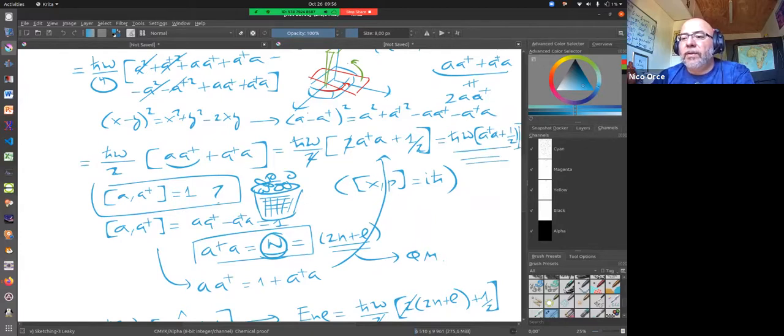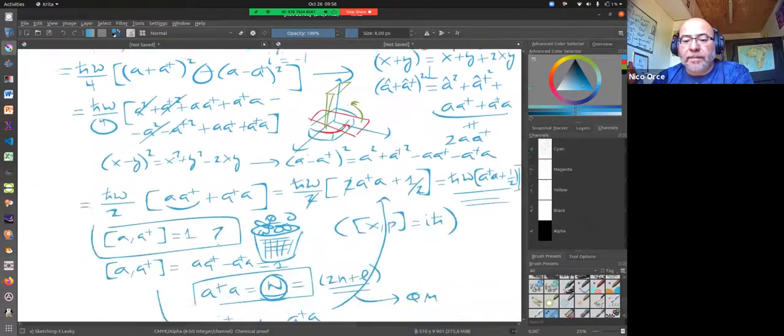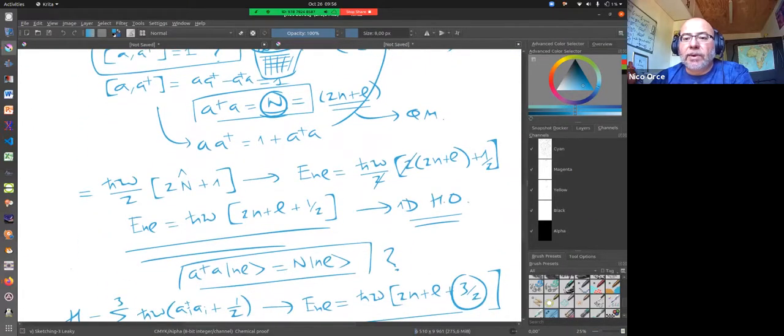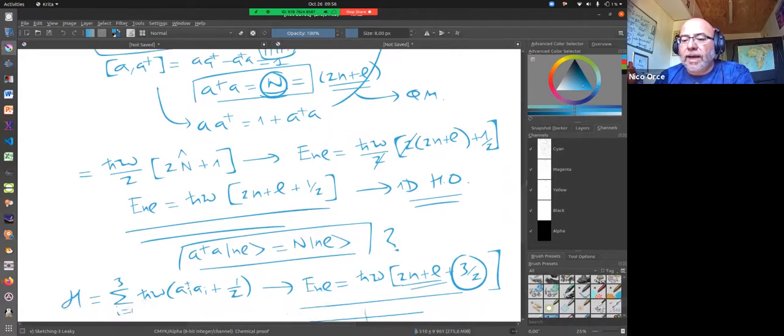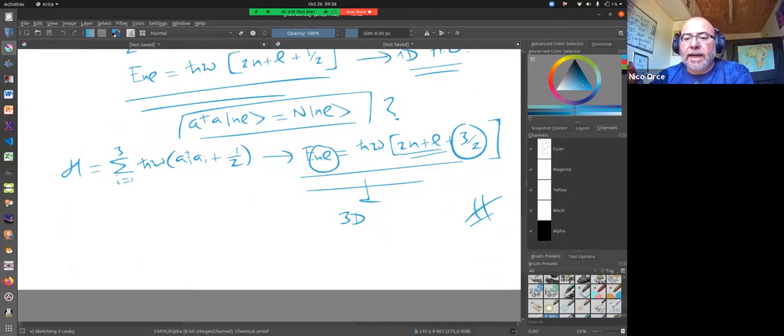To solve, when we know that A dagger A is equal to the total quantum number n, and the total quantum number n is equal to 2m plus L. So basically, now we're going to have states which are defined in terms of these quantum numbers, n and L. N will be the major quantum number, the harmonic oscillator quantum number, and L will be the angular momentum quantum number, and it will be S, P, D, F, G, 0, 1, 2, 3, 4, and so on and so forth, right?